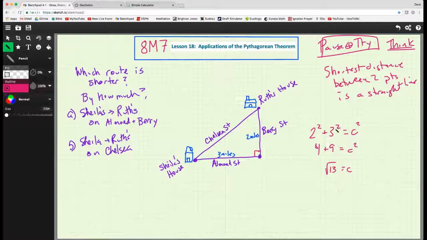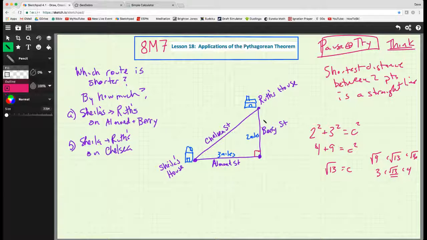Well, let's see here. So the square root of 13 is between 3 and 4, right? Because the square root of 9 is less than the square root of 13 is less than the square root of 16. So the square root of 13 is between 3 and 4.